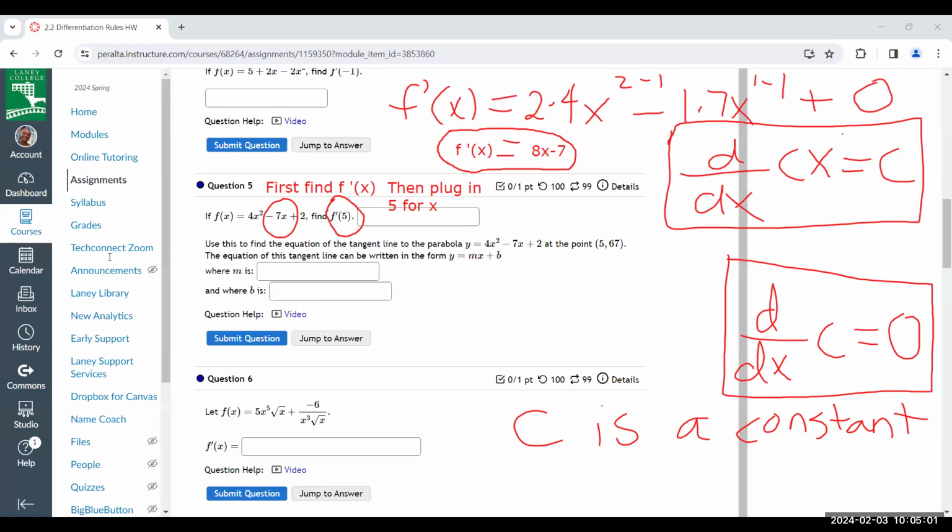So that's what I'm going to do here. I can say my f prime of 5 equals 8 times 5 minus 7, which is 40 minus 7, which is 33. And that 33, that's our answer. So I'm going to go ahead and enter that.